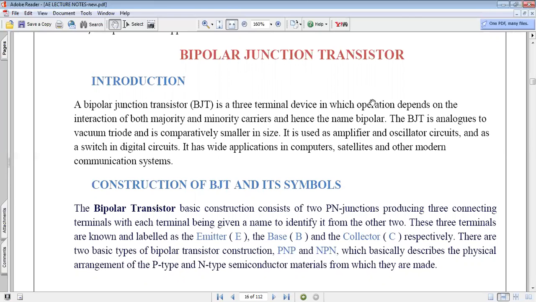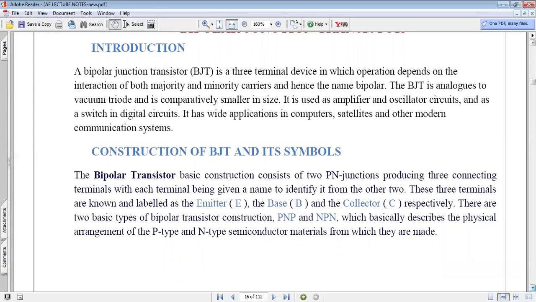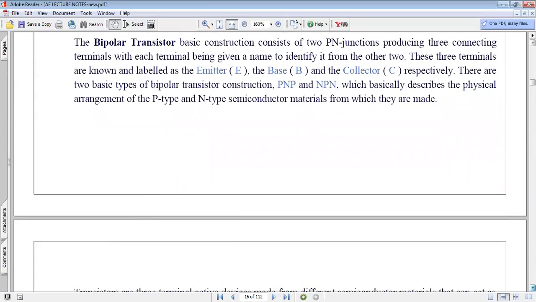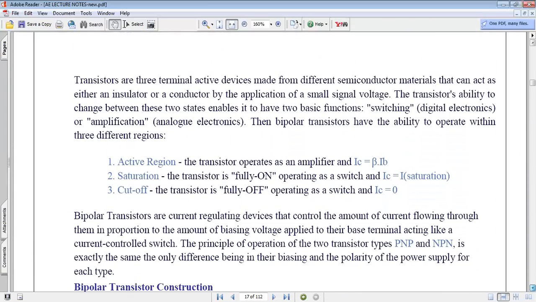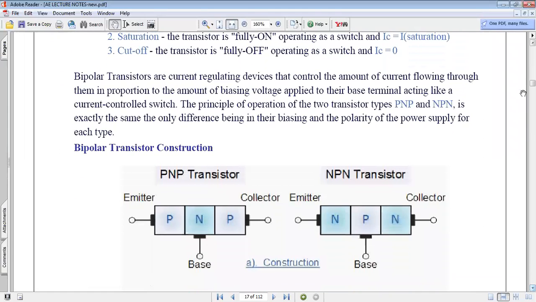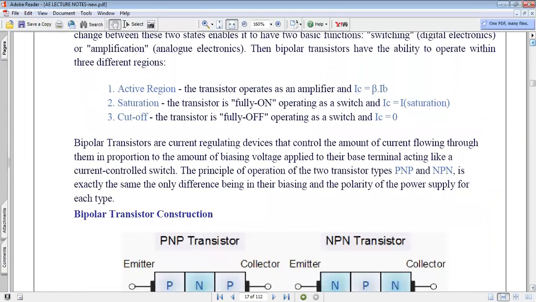So before we go to them, a wide application is in computers, satellites, and modern communication systems. So we have to go to its constructional details. It has got three terminals named emitter, base, collector.